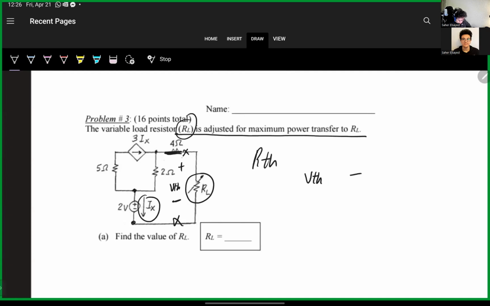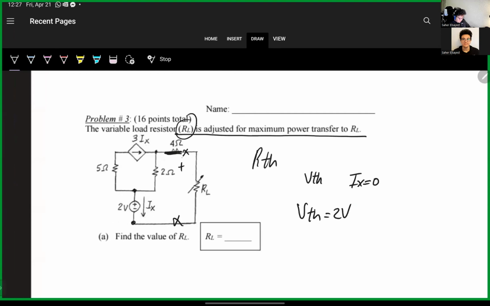Ix is equal to 0, because it's open, right? So if Ix is 0, this is nothing. If this is nothing, that means there's no current here. That means V Thevenin is just the 2 volt.